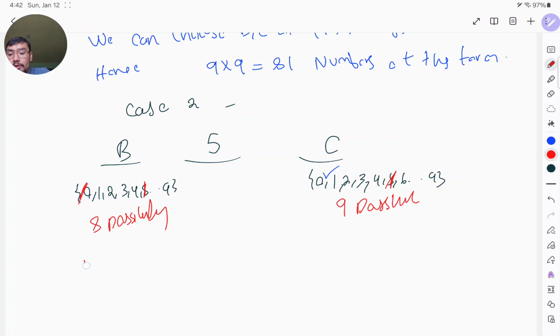So we can find 8 times 9 numbers of this form.